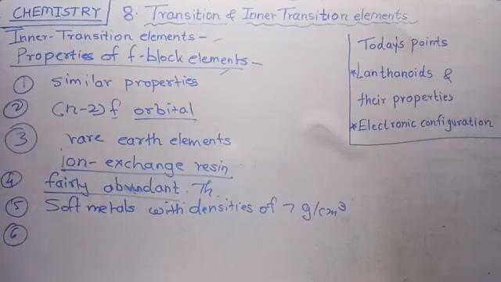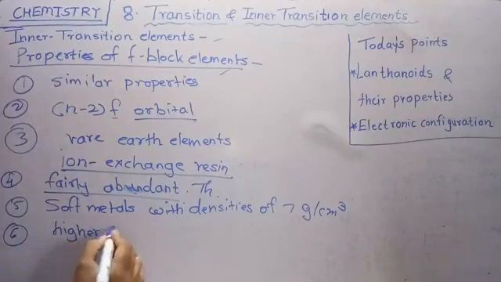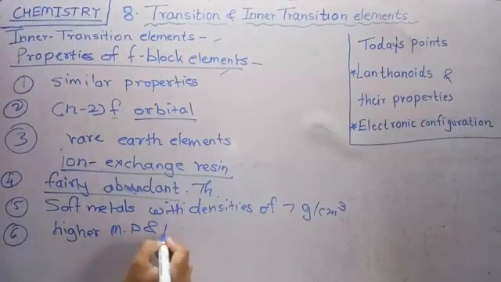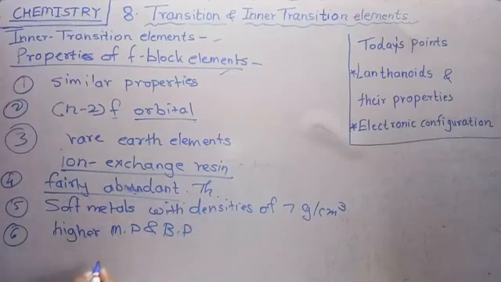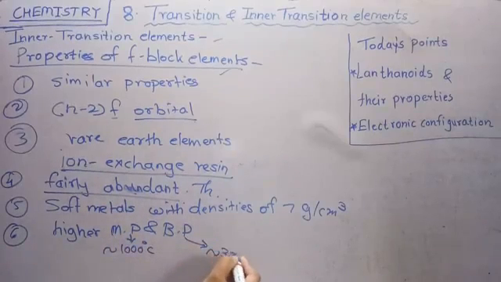Next property: f block elements have higher melting points and boiling points. Their melting points are higher than 1000 degrees Celsius, and their boiling points are more than 3000 degrees Celsius.